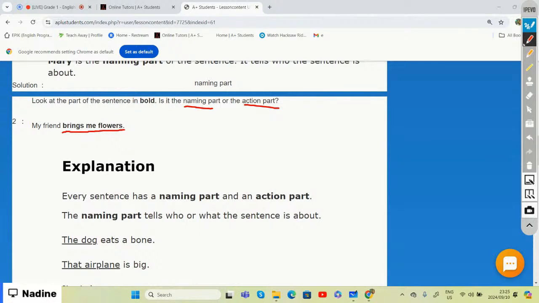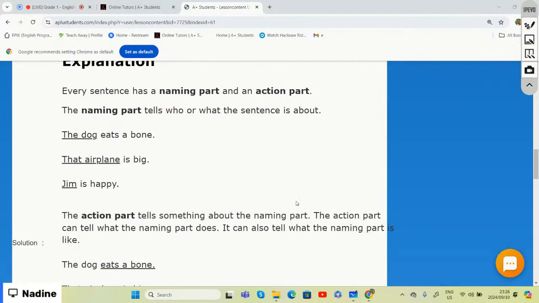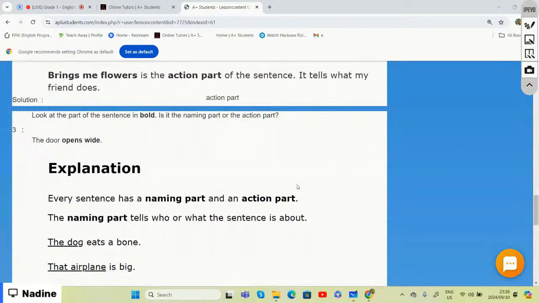That is the action part of a sentence, and it's telling us what the naming part, which is my friend, is doing. It's something that the naming part, which is the person, my friend, is doing.